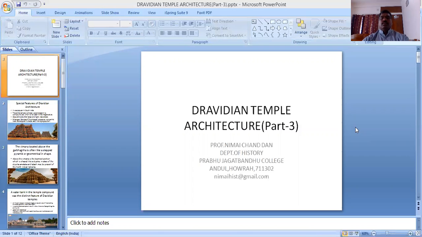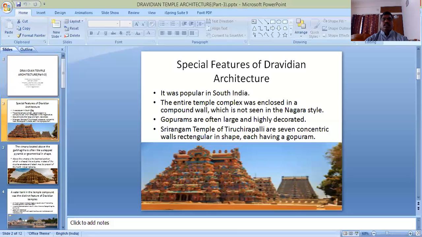Now I am trying to present here Dravidian temple architecture, especially known to us as South Indian temple architecture.